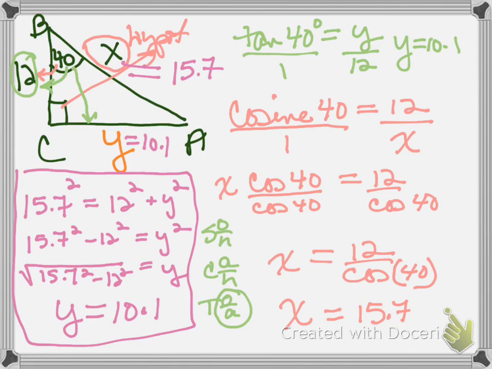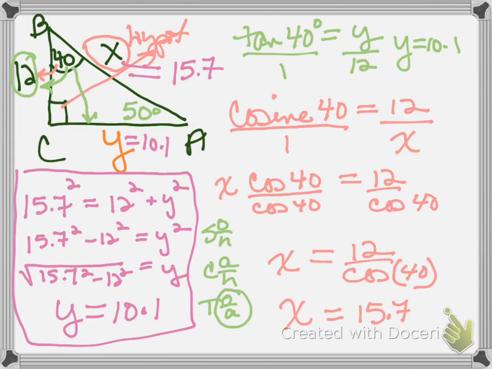Okay, let's take this one step further. What if I said I wanted you to find every missing side and every angle? So in this situation, because I have the 90 and I have the 40, and I know that you have to have 180 degrees in the triangle, just by doing subtraction, I can state that the other angle is 50 degrees.